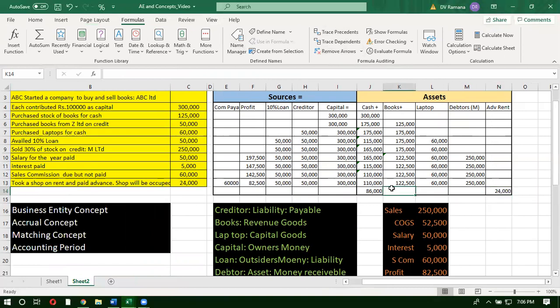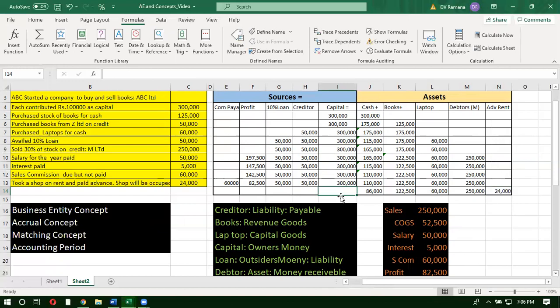Is there any change in the books? No change in the books. No change in the laptop, no change in the debtor because we have not collected money, but a new asset has come into the picture and the new asset is advance rent.